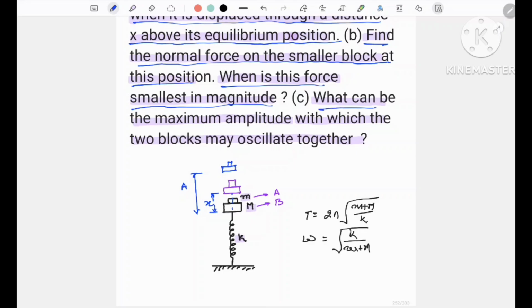What can be the maximum amplitude with which the two blocks may oscillate together?